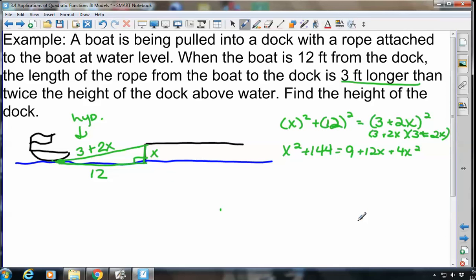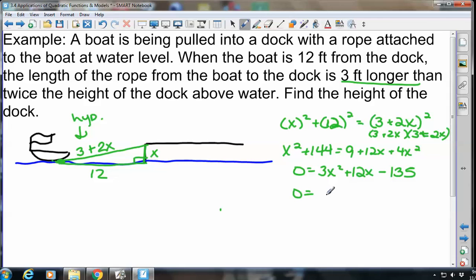Now what? Set it to 0. So 4x squared minus x squared would be 3x squared. Got my 12x. 9 minus 144. Negative 135. What did I do with all these?